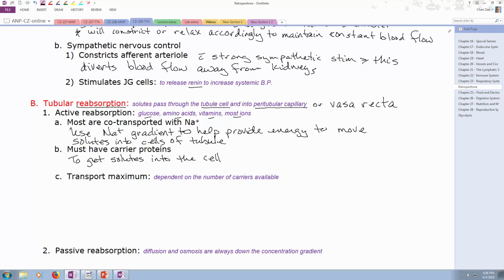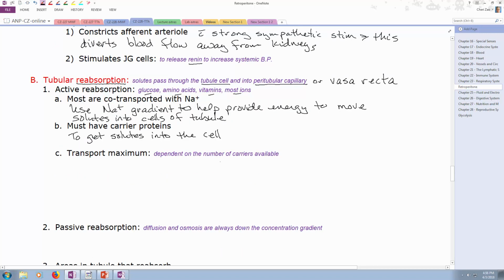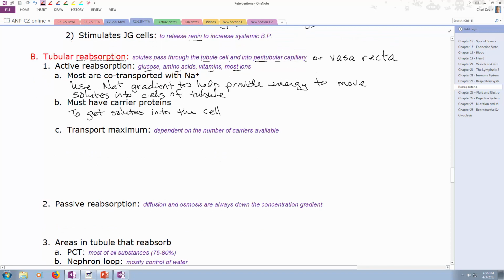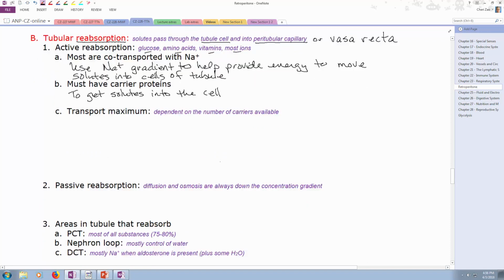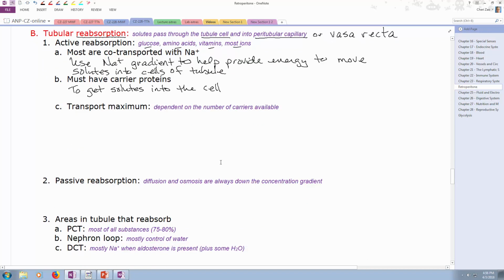What's interesting about these carrier proteins throughout the tubular system is we have what's called a transport maximum. The transport maximum is going to be dependent upon the number of carrier proteins available, and also the size of the pore through the carrier protein.